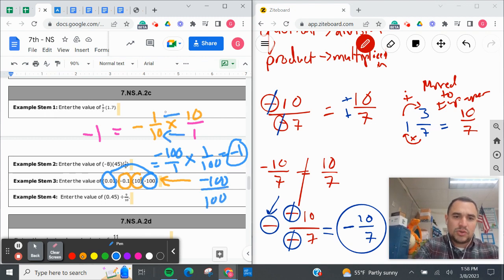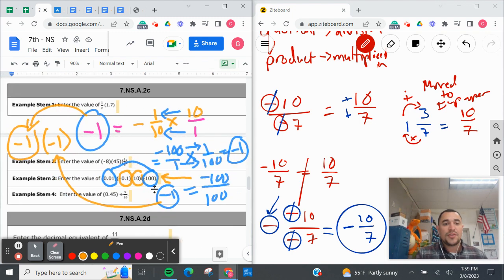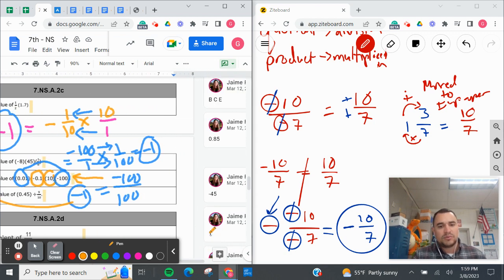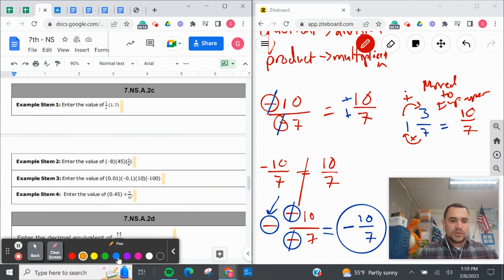So again, don't forget you're multiplying across. And that equals -1. So -1, which is my orange, times -1. Well, there's my -1. There's that -1. That's just going to equal 1, because a -1 times a -1 is a +1. So nothing crazy for an answer, but kind of tough. So then there's a +1 right there. All right. Let's go on to the next one.